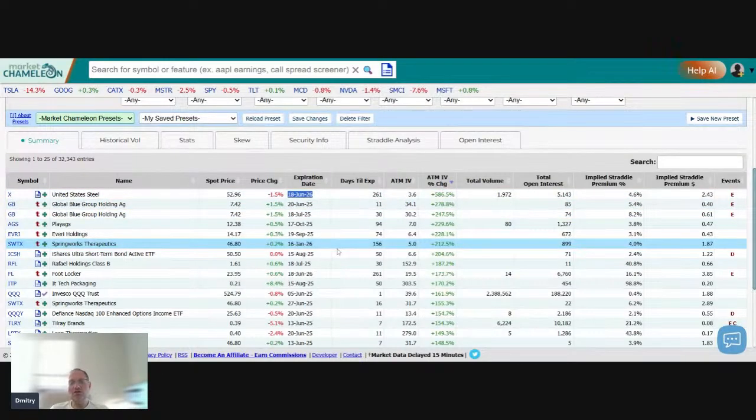So the idea there is we could screen for a particular expiration and see what's going on in that, and compare it to other stocks.